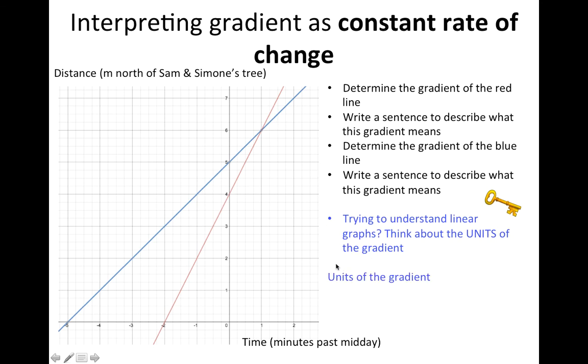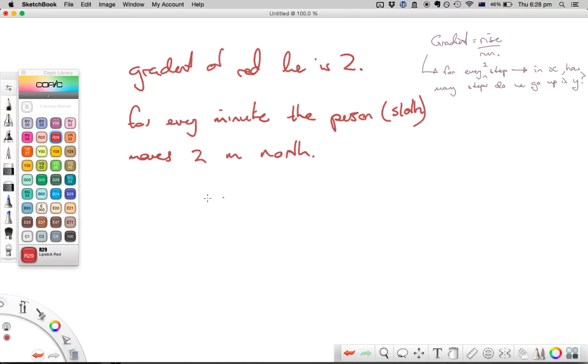So in this case, the units of gradient would be the units of rise over the units of run. And what are the units of rise? Well, units, in this case, of rise equals meters.